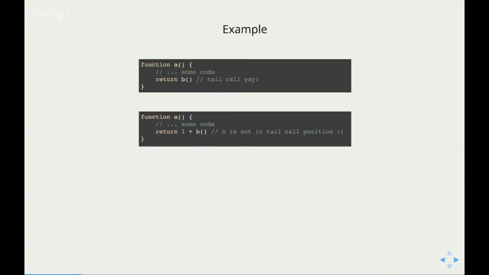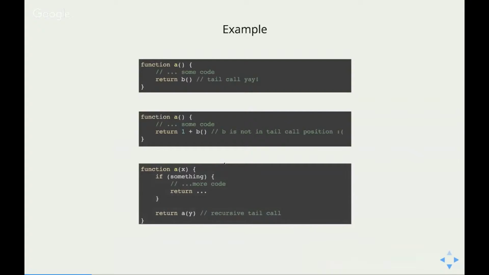It's important to see these differences because sometimes we need to change the way we write our functions to ensure that we have a tail call there.